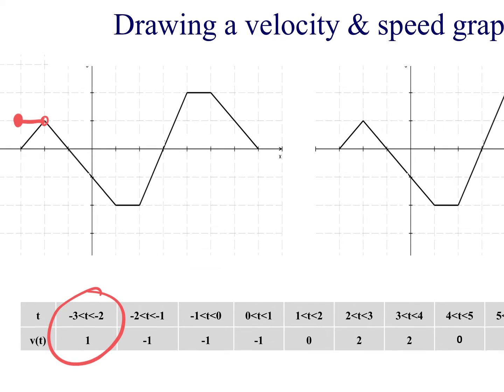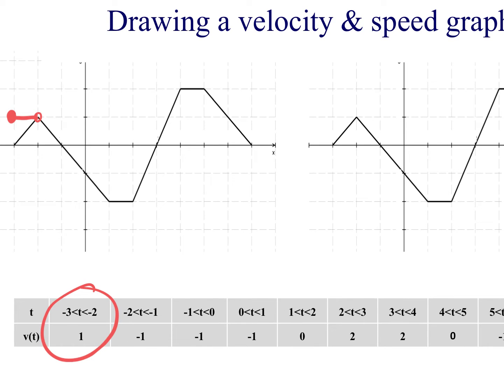Then for 3 consecutive intervals, I now have a calculated value of -1. So I drop down to -1, and I have a consecutive slope value with open corners with a value of -1. That's the time where it's moving backwards. Then it has a time of rest where it's not moving at all, which means I have an open segment of 0.